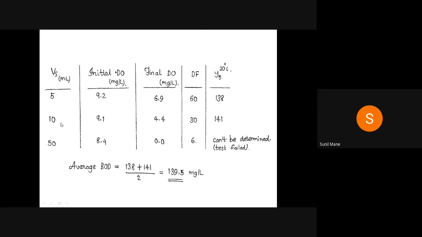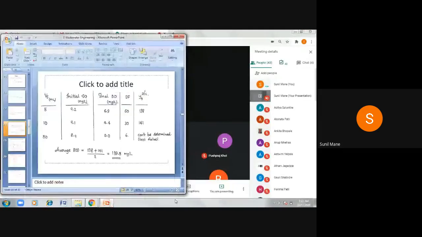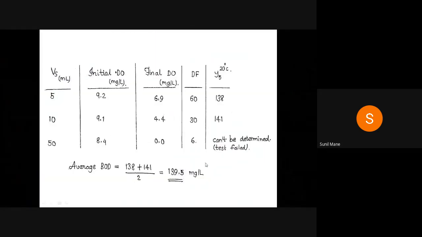Now, these observations are for only one type of wastewater. We have taken that particular wastewater sample. After taking that sample, we have prepared three solutions.